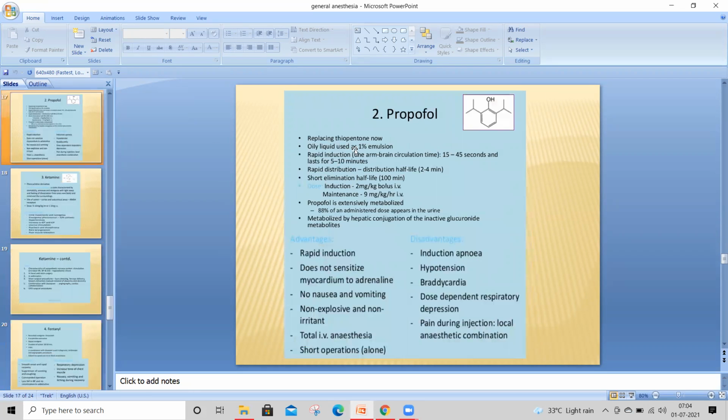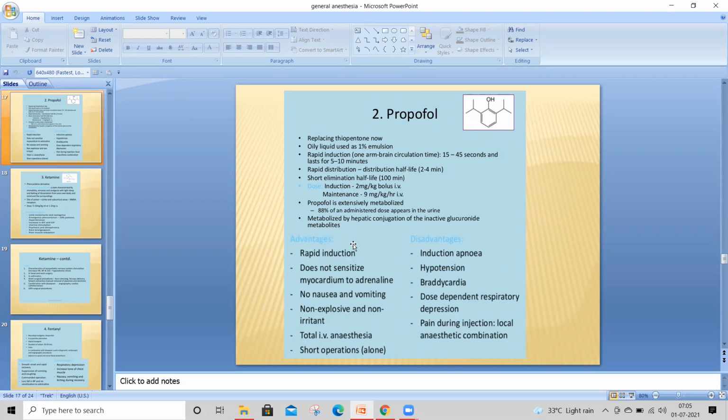And again, propofol. See, propofol is replacing thiopentone. Means nowadays propofol is used in place of thiopentone, and propofol is used based on some properties.